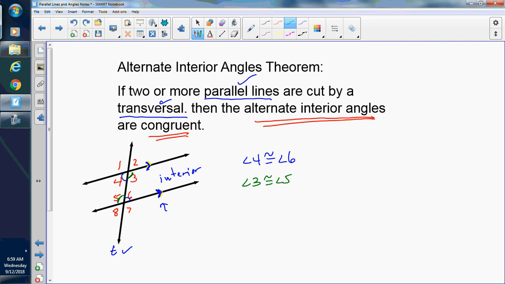We only have two alternate interior angles in this particular situation when we have two lines and one transversal. Corresponding angles, as you saw, we had 4 different pairs. So again, if we meet the two criteria, then we can make a conclusion. We can state that the alternate interior angles are congruent.